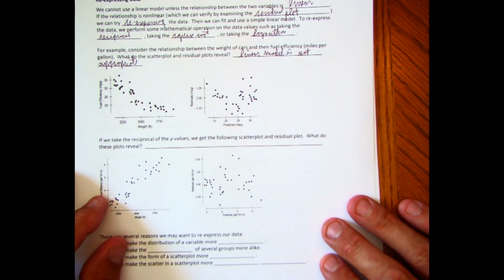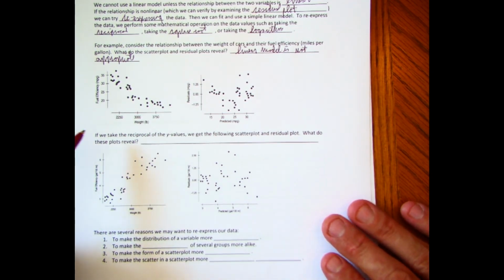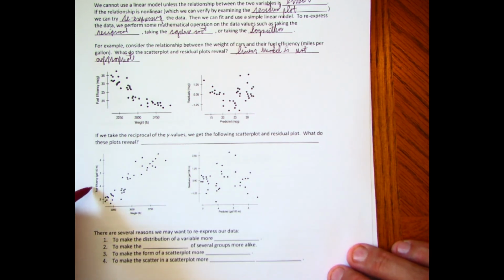So if we take the reciprocal of the y values, so that's over here, this is in gallons per 100 miles, and we get this scatter plot and this residual plot. So what do we know?